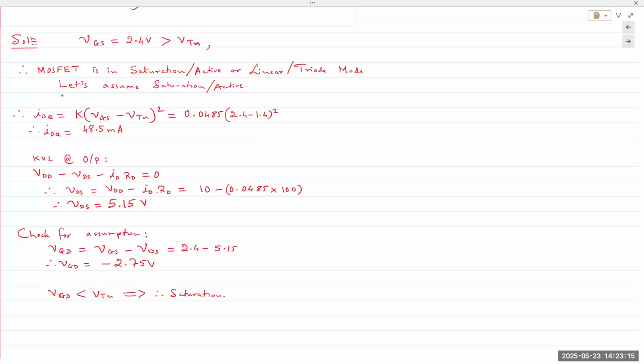If it were larger than the threshold voltage, the channel would not yet be pinched off. Because VGD is less than the threshold voltage, the depletion region at the drain end is larger and the channel is pinched off. So the device is in saturation, and the assumption is verified.